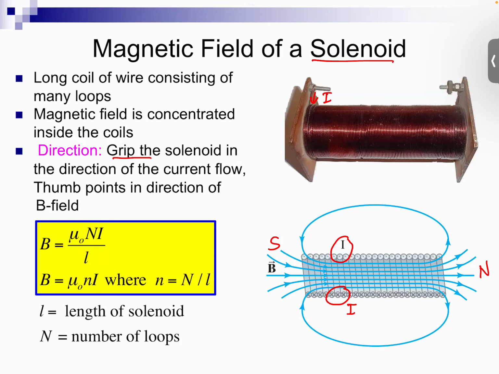N is the number of loops in your solenoid, and L is the length of the solenoid. So it's not the length of the wire, but rather the length of the solenoid here. The length of the wire that you use to coil, of course, will be longer than the length of the solenoid, but what we are interested in this equation is the length of the solenoid rather than the length of the wire.